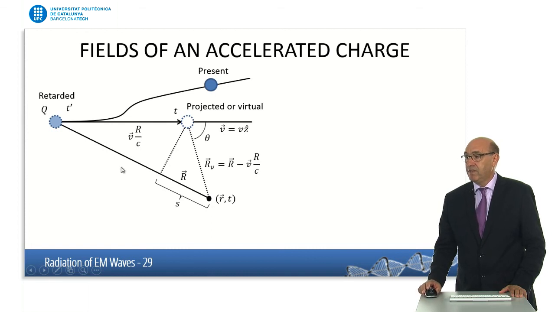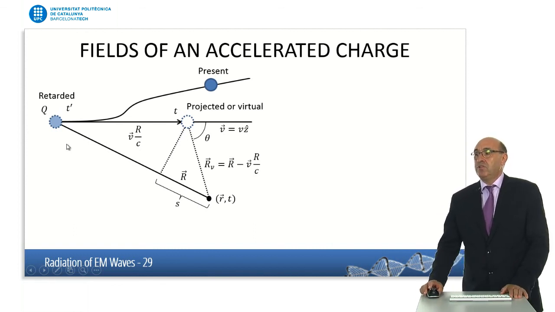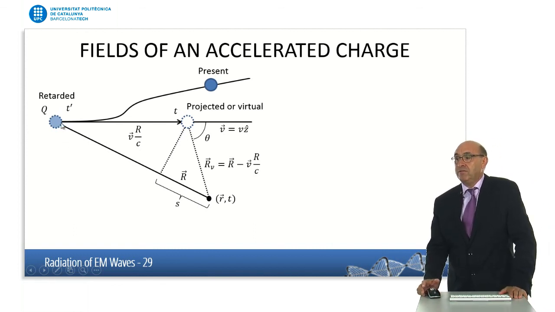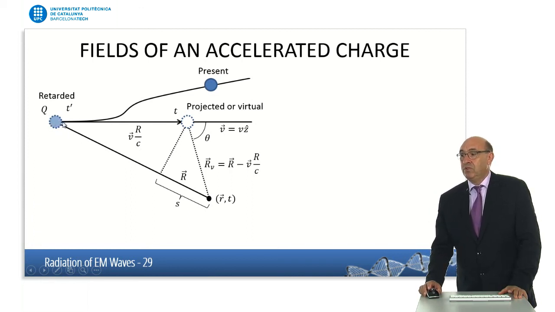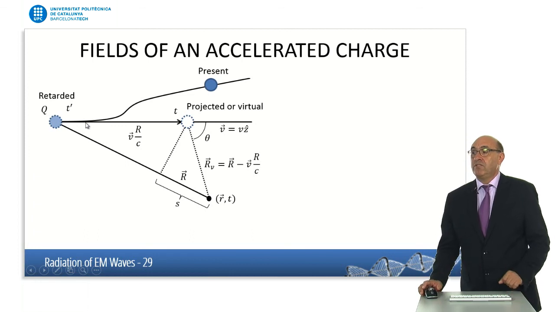Here we have the projection, but now one has to be very careful, because with the information we have at this point, which is the acceleration and the velocity, the only thing we can do is to guess where the charge would be if it was moving under the uniform motion case. That means under constant velocity.